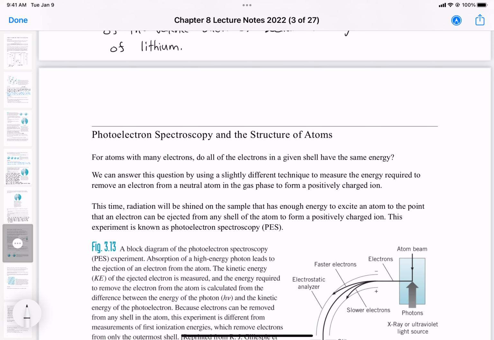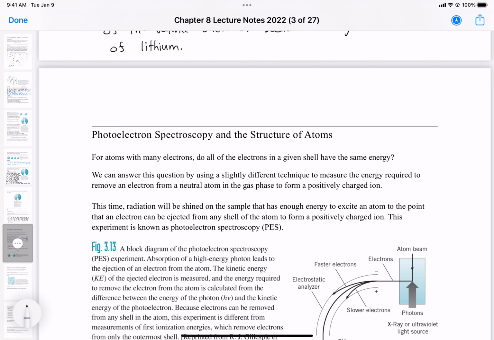How this works is it's closely related to the photoelectric effect proposed by Albert Einstein. This time, radiation will be shined on the sample, and will give the atom enough energy that an electron can be ejected from any shell.